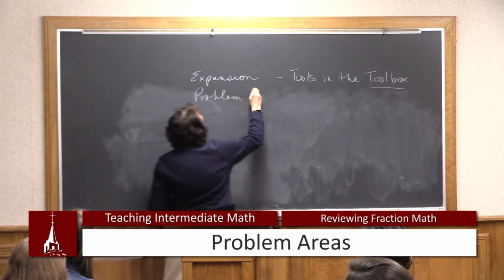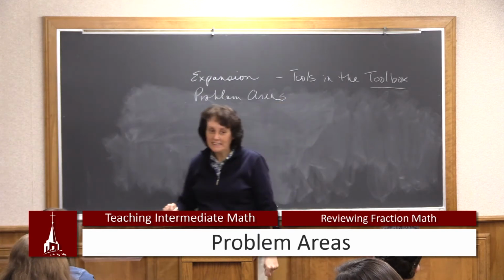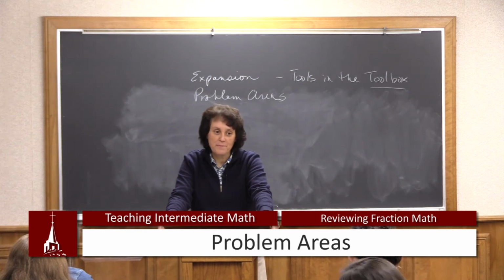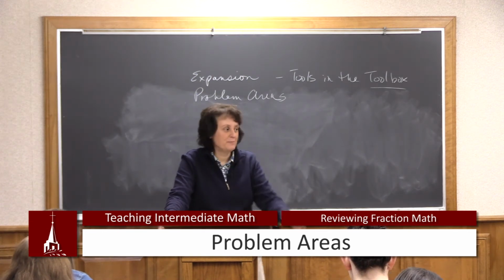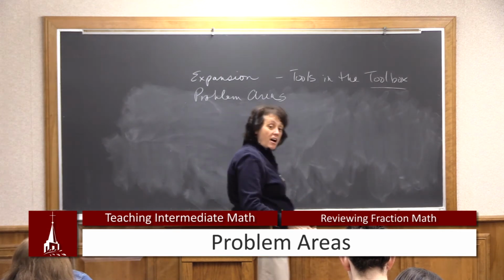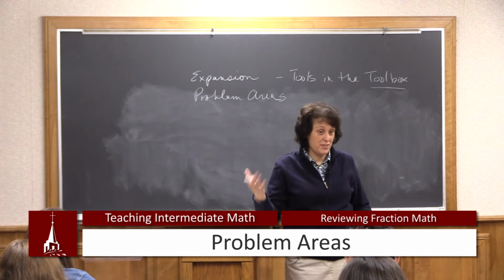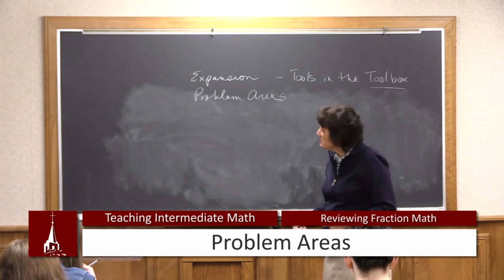So the further along you are in arithmetic, the more problem areas are going to come up. So we have to address problem areas. Problem areas are areas that are difficult, confusing. They're causing us problems. That's why they're problem areas.